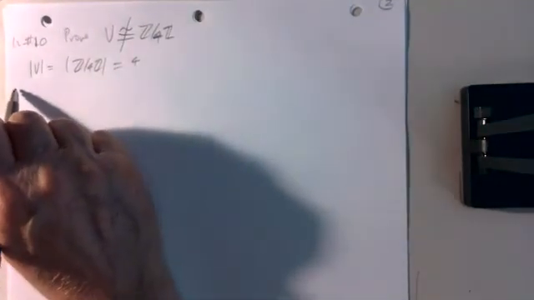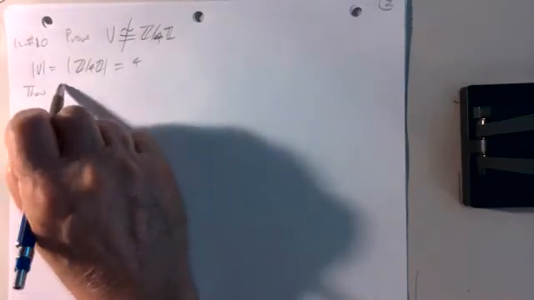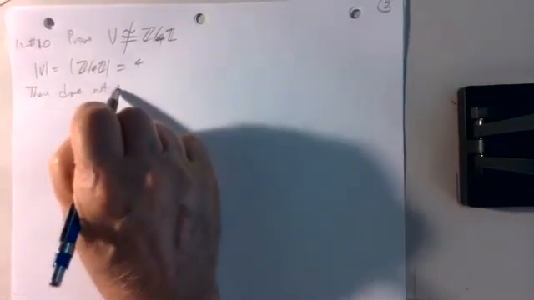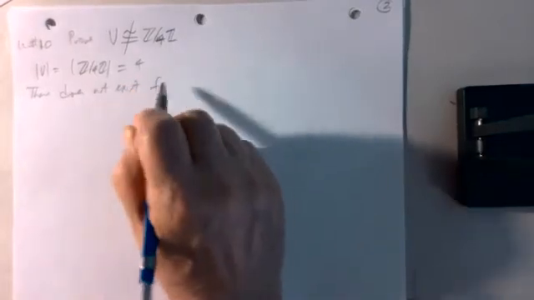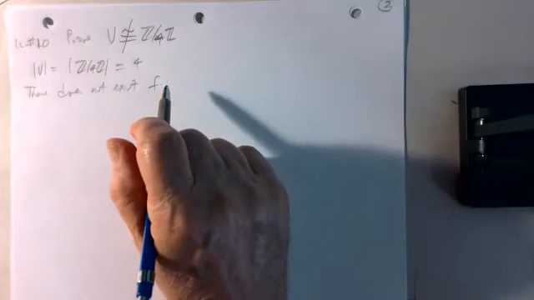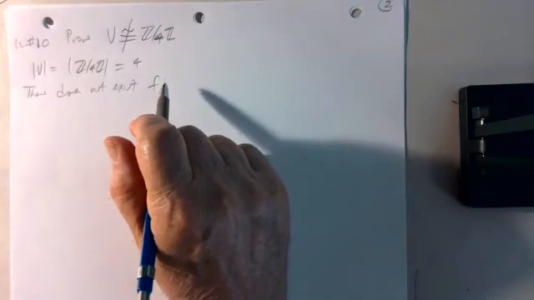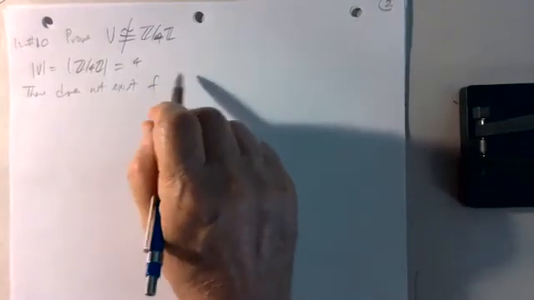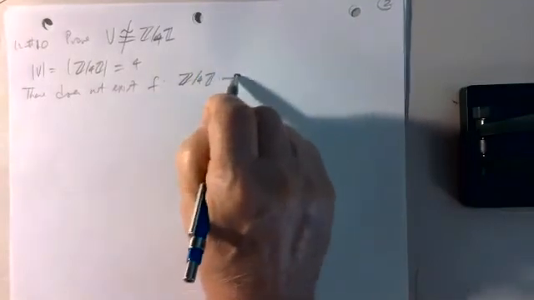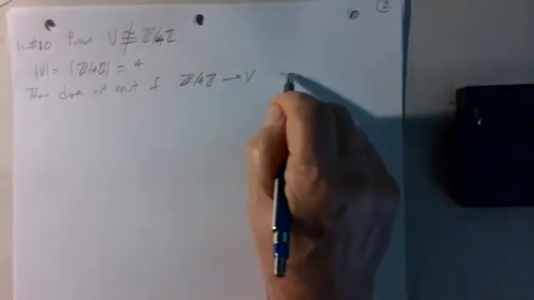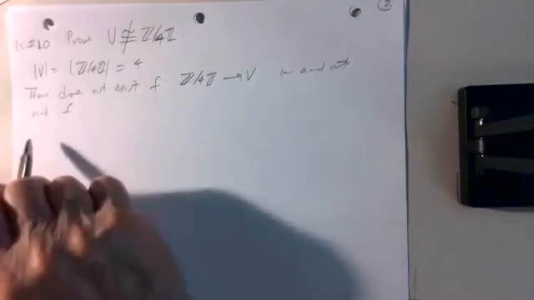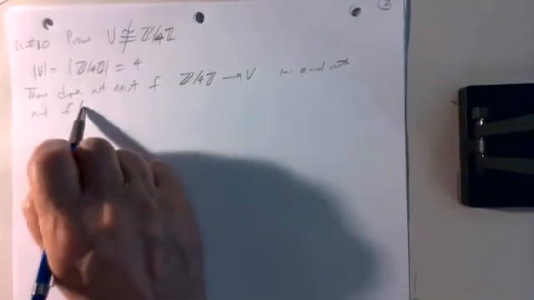So the idea is to say that it's not possible to have a function with the right property. So we must show there does not exist a function f from Z mod 4Z to V that is one-to-one and onto, and satisfies the property that f of x plus y is f of x times f of y.